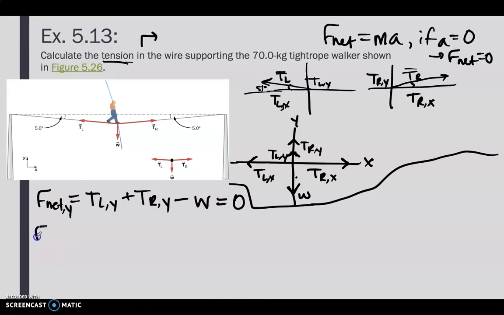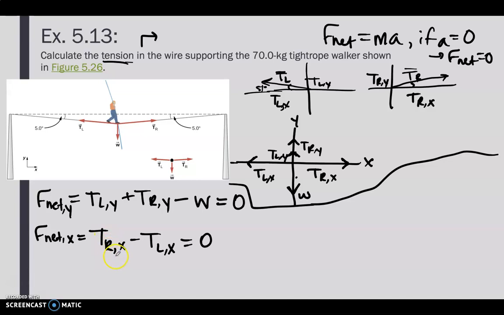Now we can build our second one in the x direction. Okay, we have a positive TR comma x and a negative TL comma x, and that is it. Alright, so we now have this equation that we can manipulate a little bit.